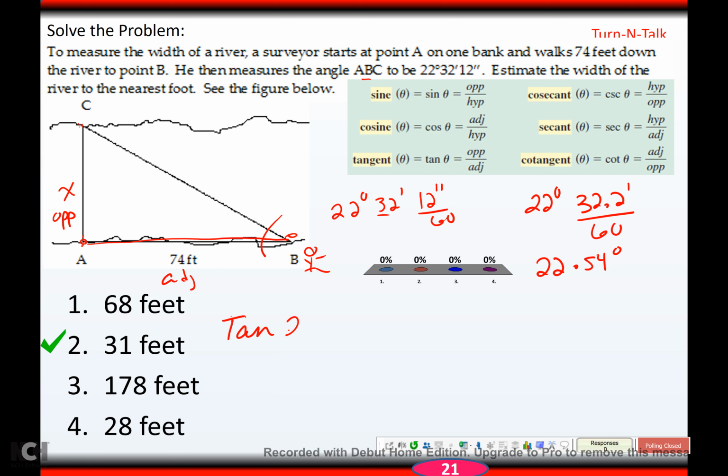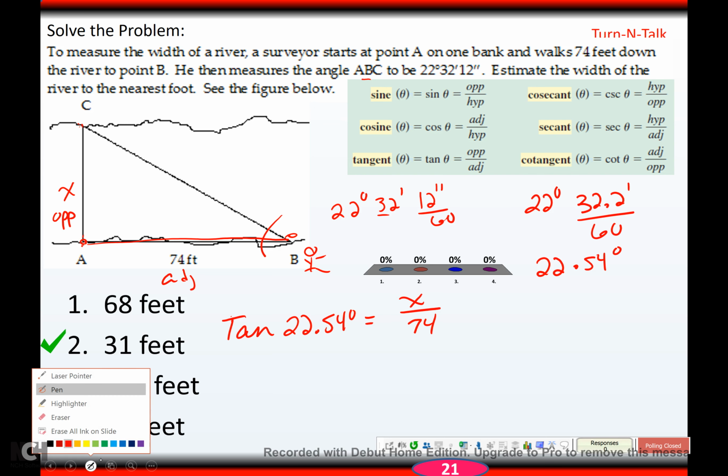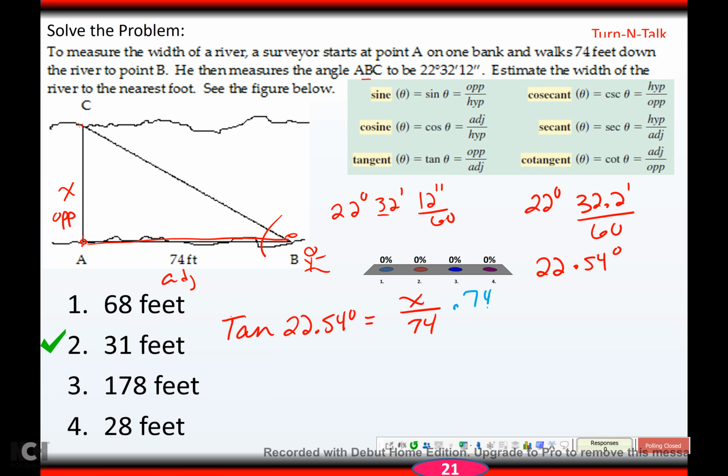So I'm going to do tan 22.54 degrees equals opposite over adjacent. And so to get x alone, I'm going to multiply by 74. So I have 74 times tan of 22.54 degrees, and I get x equals 30.71 and so on, and it said to the nearest foot, so the 7 bumps the 0 up to a 1.